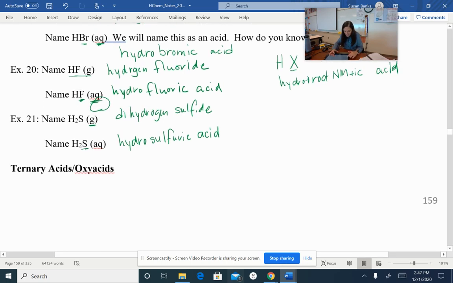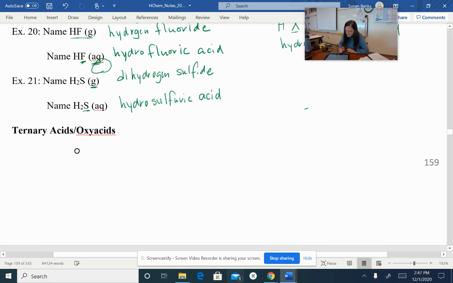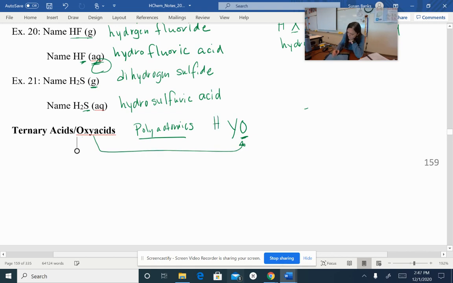All right, ternary acids. Sometimes these are also called oxyacids. These are the acids that we use our polyatomics for. So you're going to want our polyatomic sheet handy for this one, okay? Now, all the polyatomics that make acids are usually of a formula of YO. They have oxygen in them, and because they have oxygen in them, they're called oxyacids. And we bind them with hydrogens to make our polyatomic or our ternary acids.